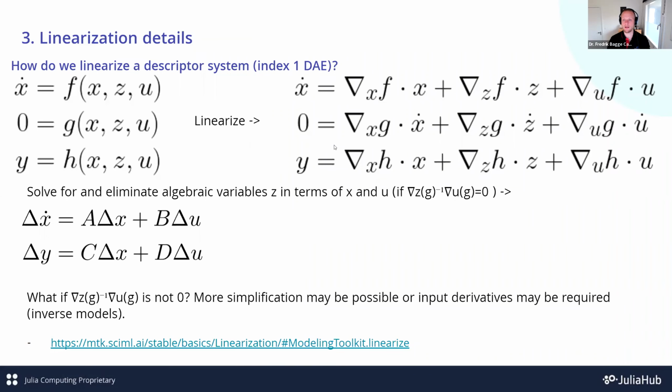In particular, in case the term on the far right in the middle, nabla u g times u prime or u dot, vanishes, ModelingToolkit will automatically simplify the system for you. Even if that term doesn't vanish, there is still a chance we can do further numerical simplification after that.